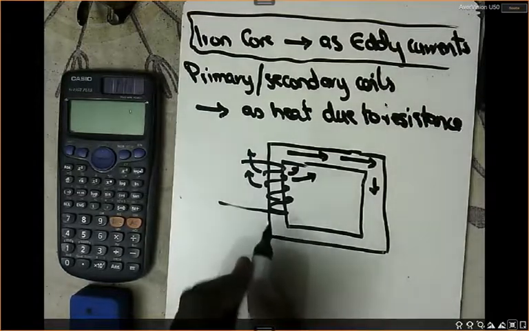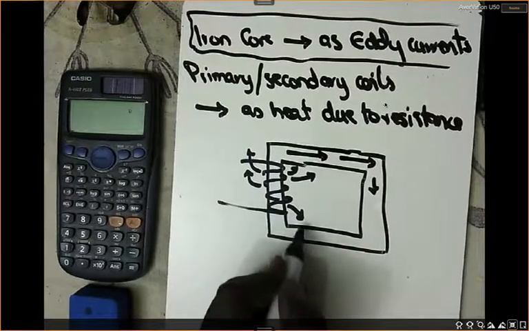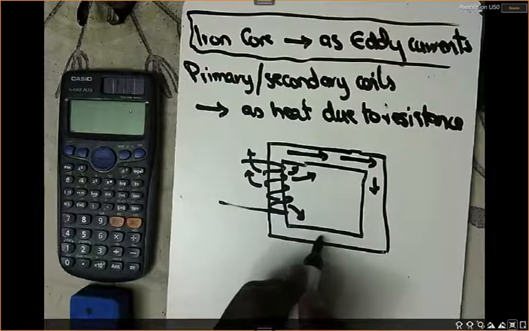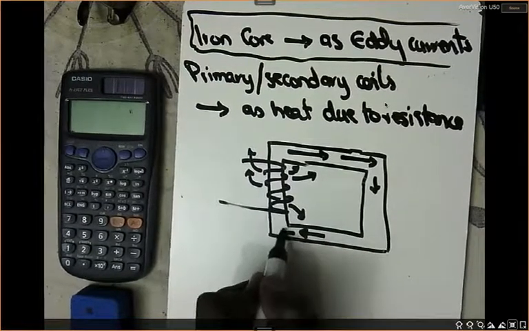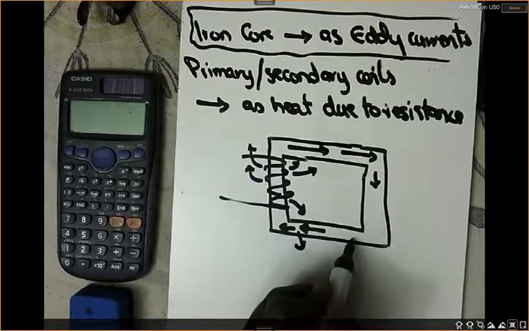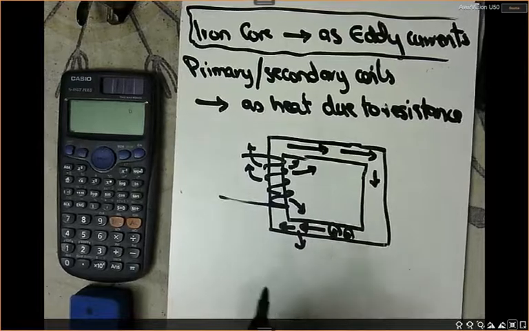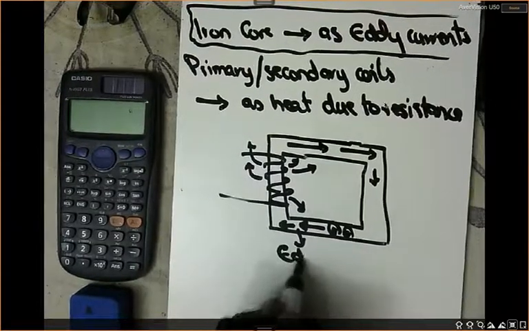Now, some of the magnetic field lines are cut by the iron core, and a current is created in the iron core itself. This current is like circles, and the current created in the iron core is called eddy currents.